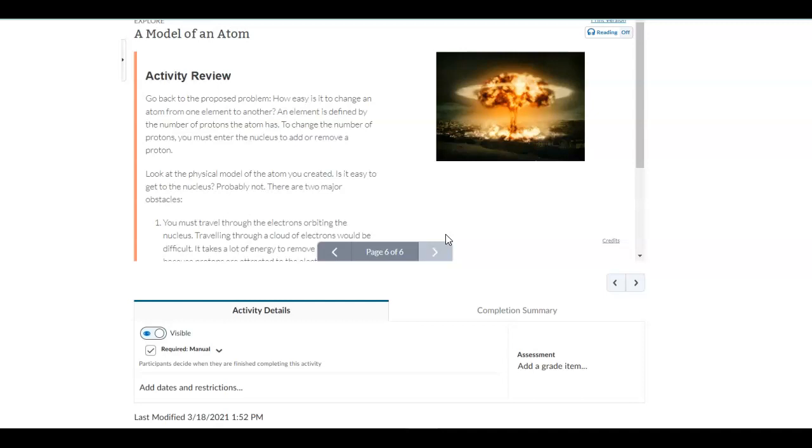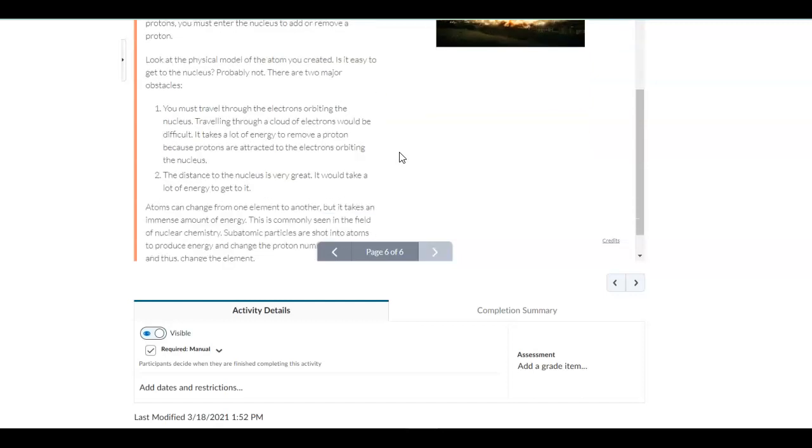So on guiding question 3, when it talks about why this is a challenge, it says here it would be very difficult to go into the nucleus to take out a proton. Look at the physical model of the atom you created, and do you think it's easy to get to the nucleus? Probably not. There are 2 major obstacles. You have to travel through the electrons that are orbiting the nucleus, and traveling through a cloud of electrons would be difficult.